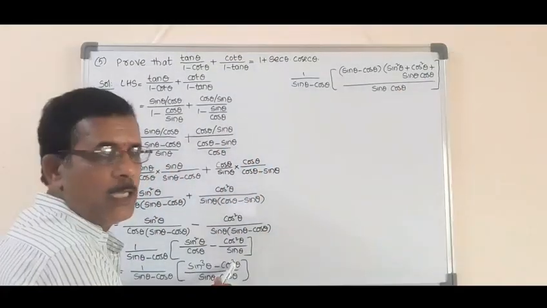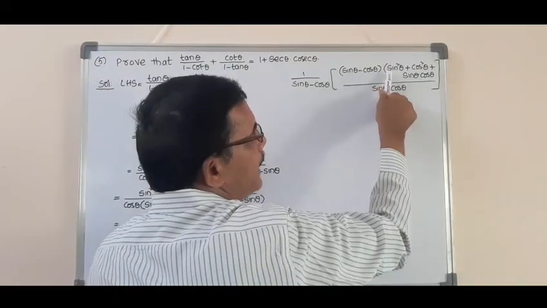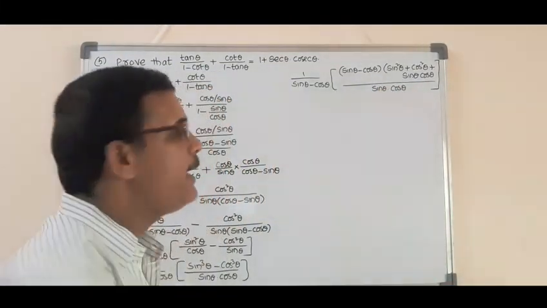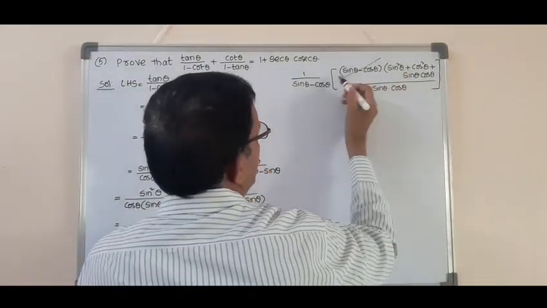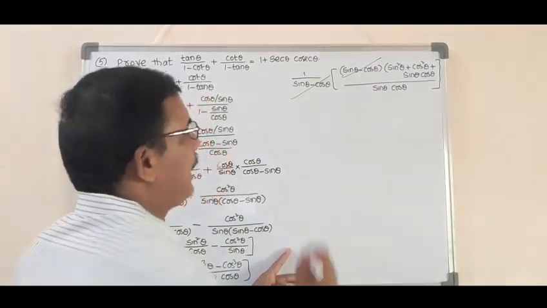A cube minus b cube, we are writing a minus b into a square plus b square plus ab. Now this is sin theta minus cos theta, sin theta minus cos theta will get cancelled.